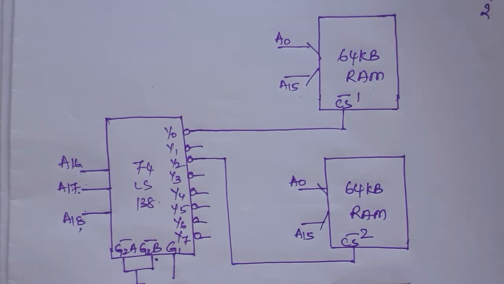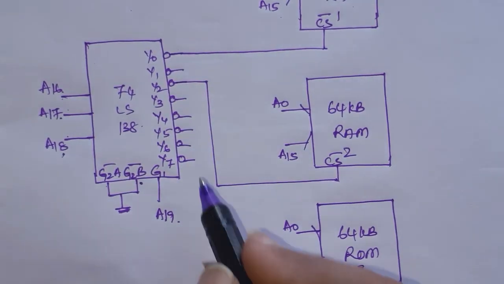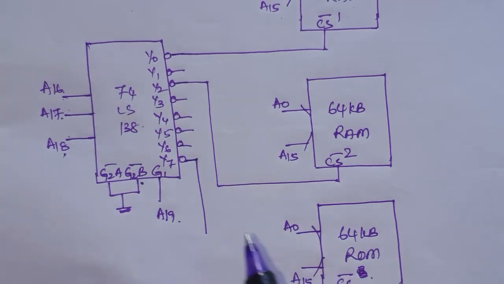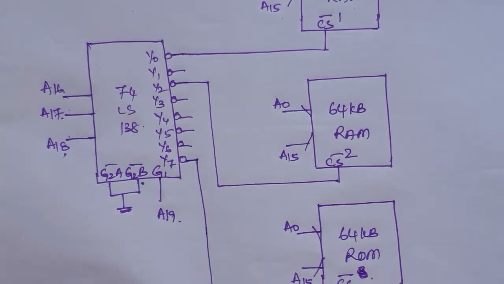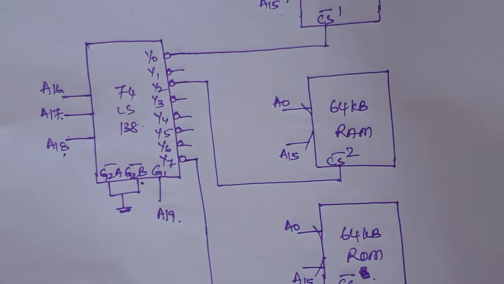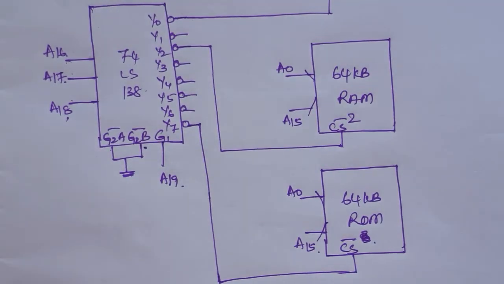Then for ROM I can use Y7. Usually ROM will be at the end, that is, high addresses are used for ROM, because whenever the system is reset, the first location the processor will access is FFFF0, where the BIOS programs, the basic IO system initialization programs, must be present.